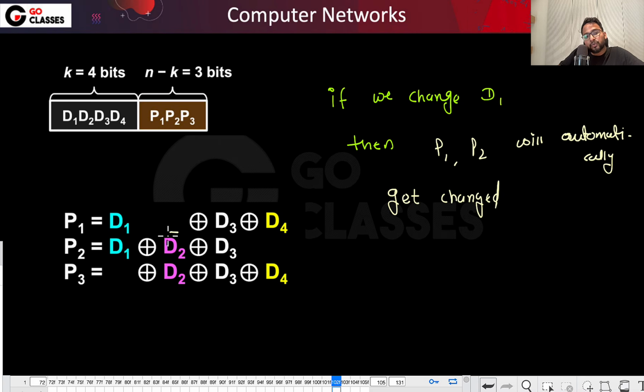Similarly, if you change D2, then P2 and P3 will automatically get changed. If you change D4, then P1 and P3 will automatically get changed. If you change D3, in that case, all of the parity bits will automatically get changed.